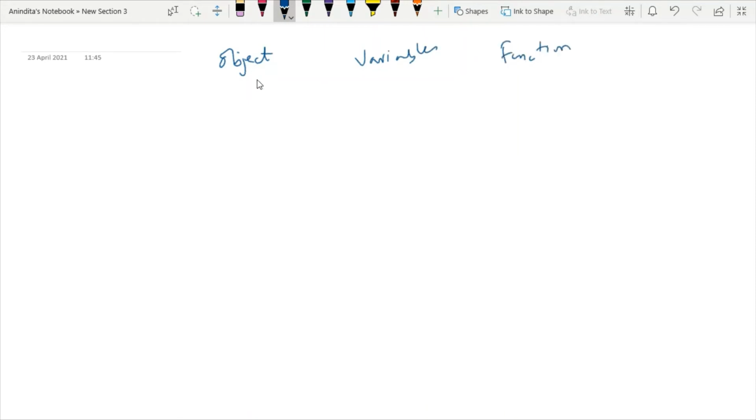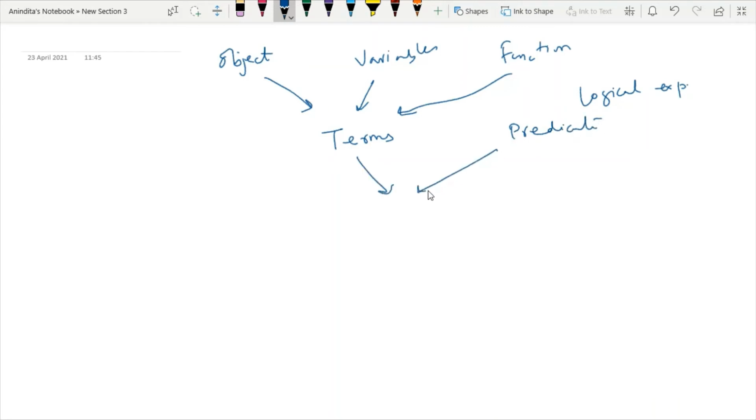These three components altogether are known as terms, and they are used to represent any logical expressions. And if I have any predicate, then terms and predicate altogether will create atoms or atomic formulas.